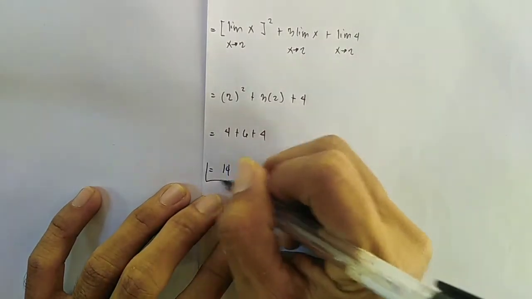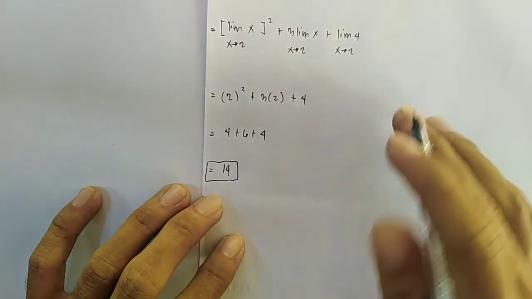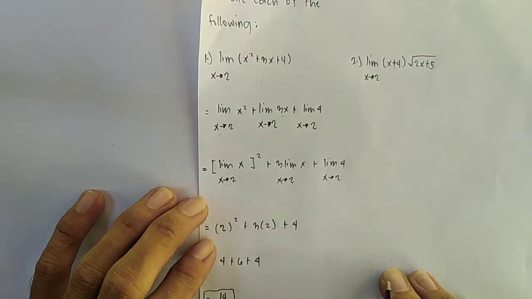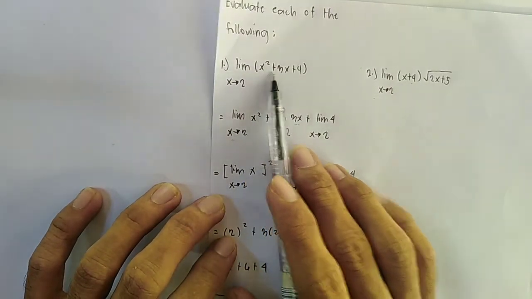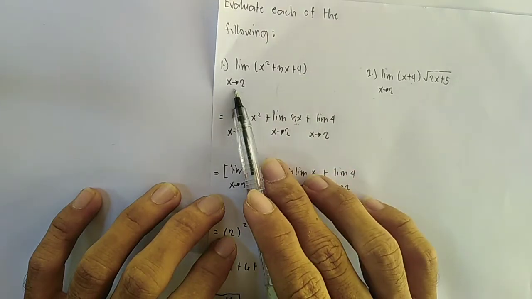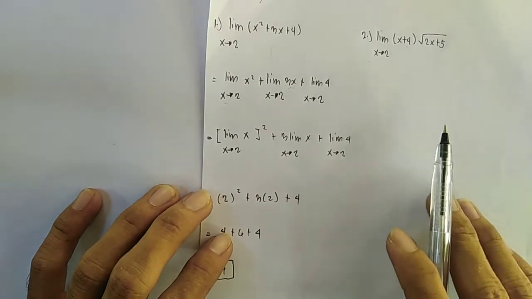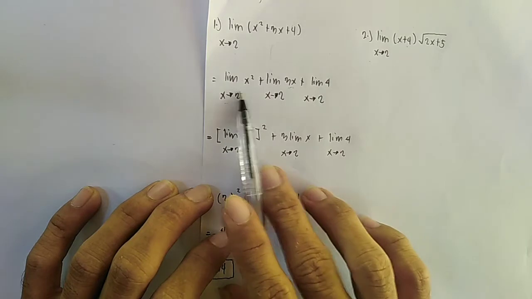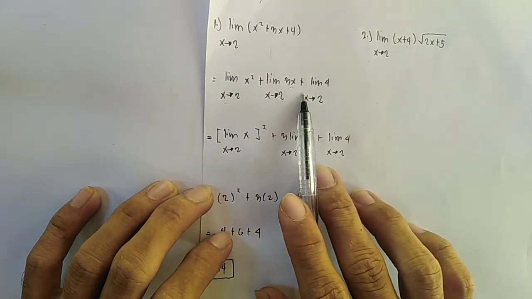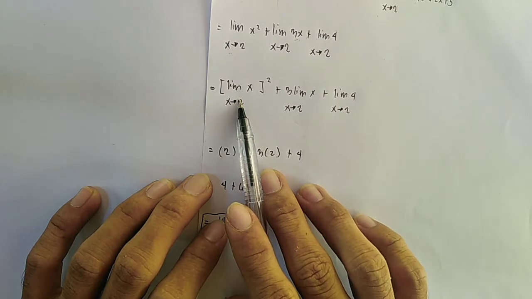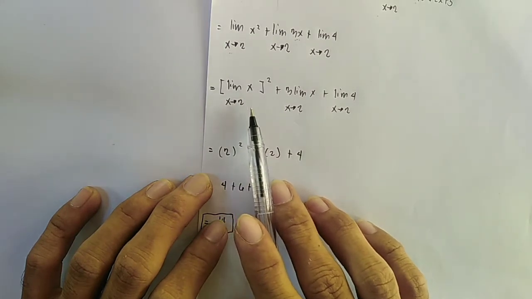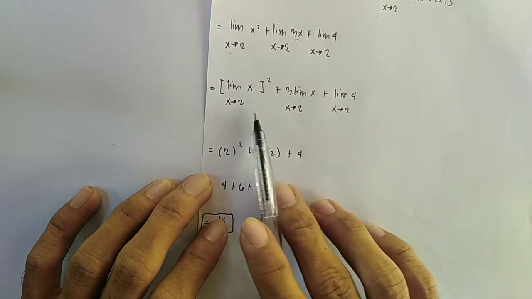So we have here now the value of the limit of the function x squared plus 3x plus 4 as x approaches 2. Again, the first thing that you're going to do is to distribute the limit notation to each term of the function. The second is to express each term in the simplest form of writing the limit.